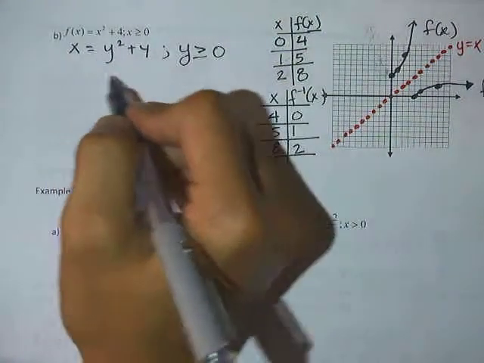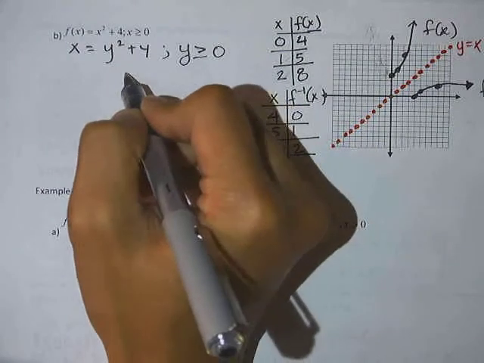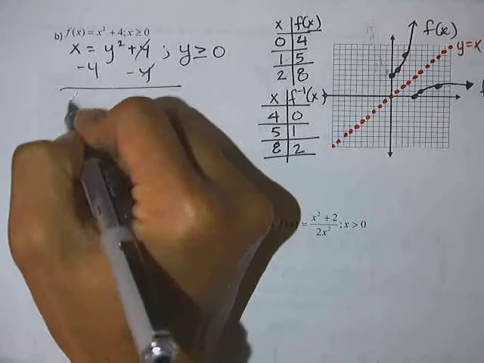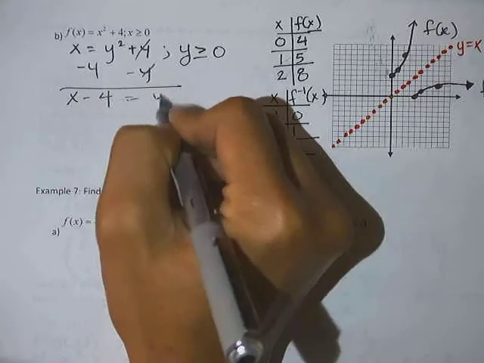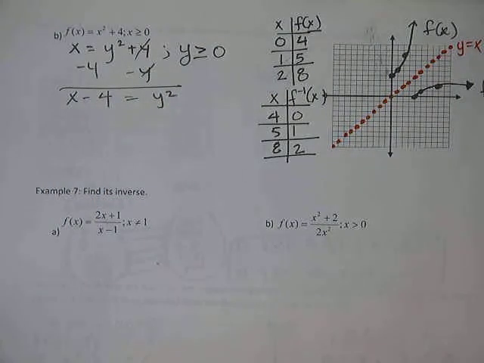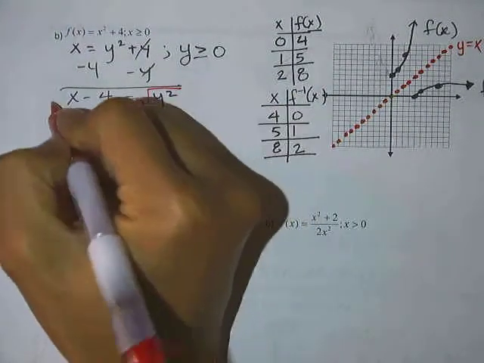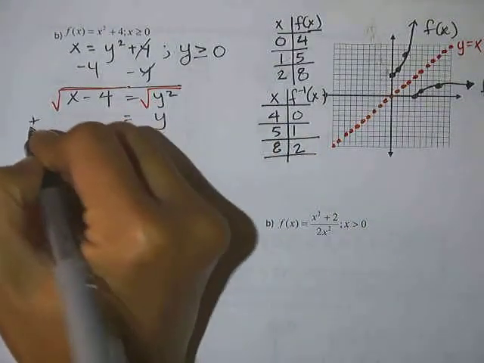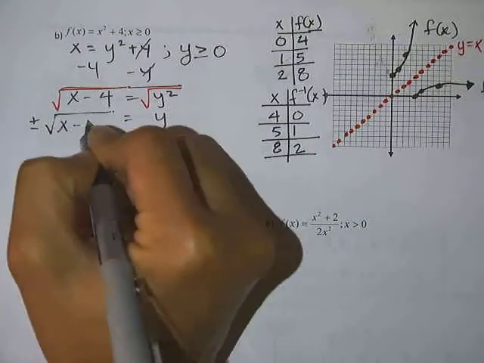We're going to solve for y, so we're going to minus 4. We're going to have x minus 4 equals y squared. We're going to take the square root of both sides. Anytime you take a square root, you're going to have two answers, so plus or minus square root of x minus 4.